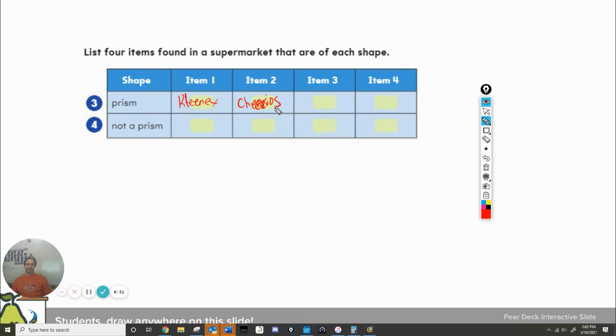What else? Pasta. But these are all rectangular prisms. Oh, wait, but I'm going to throw you a curveball. Toblerone or Toblerone or whatever that candy is called. It's a triangular prism, not a prism.